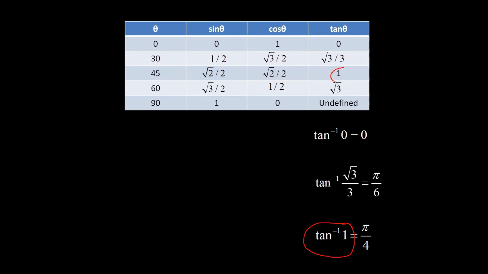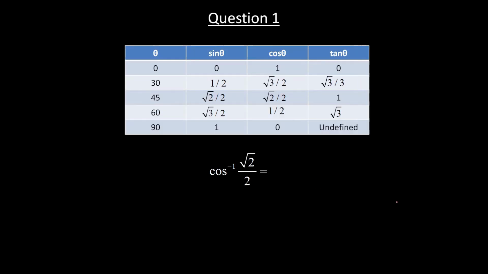We will see where 1 is. And the inverse tangent outputs the angle for that number, 45 degrees. So question 1: what is the inverse cosine of square root of 2 over 2?